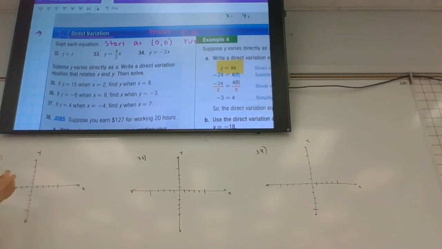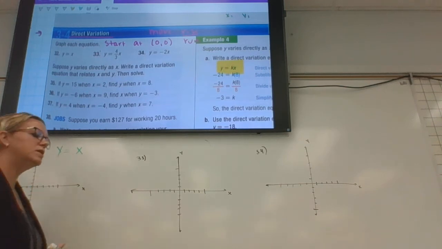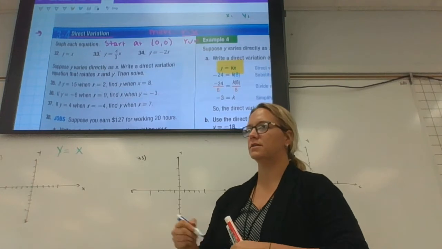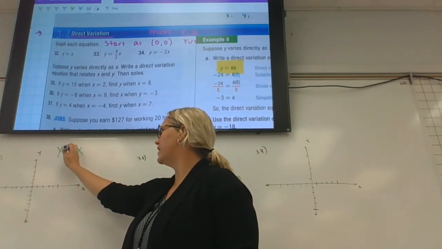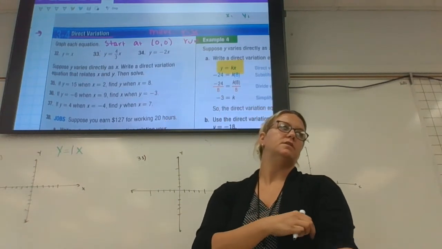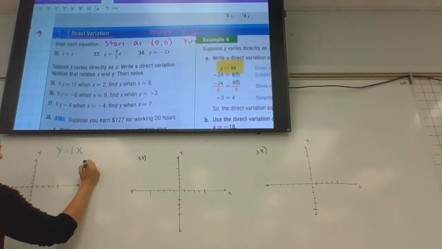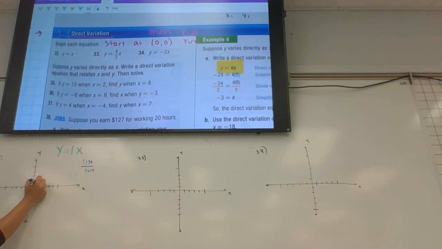So we can start all of these right here. Number 32 just says y equals x. There's no number in front of that x, so there's an invisible 1 there. I like to write it myself. Since there's an invisible 1, the movement is up 1 over 1, up 1 over 1, up 1 over 1.